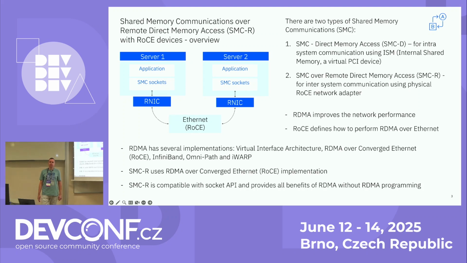SMC-R dynamically discovers RDMA capabilities of TCP peers and automatically sets RDMA connections up transparently to socket applications. So SMC-R allows you to use all benefits of RDMA without rewriting your application.